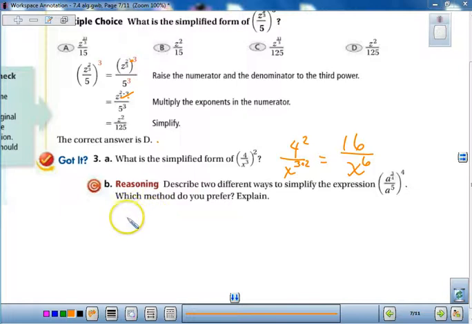The first way that I want you to try is just simplifying inside the parentheses first, and the second is using our raising a quotient to a power rule. You're going to see me doing it the first way.